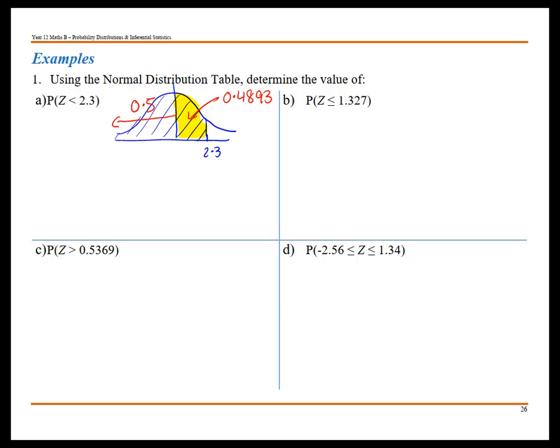So this proportion here equals 0.5 plus 0.4893. Okay, so go to your calculators, or you should be able to work that out. It's 0.9893 or 98.93%. So you would expect 98.93% of scores to be 2.3 standard deviations or below.